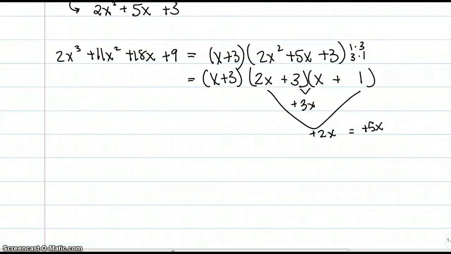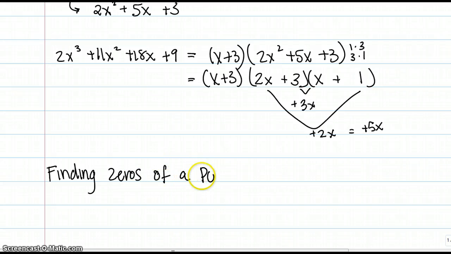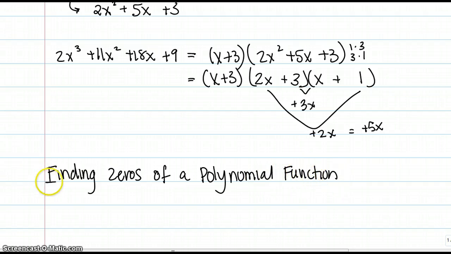The second type of problem you're going to see is finding zeros of a polynomial function. So let's write that down. Finding zeros of a polynomial function. And this will be example 2.